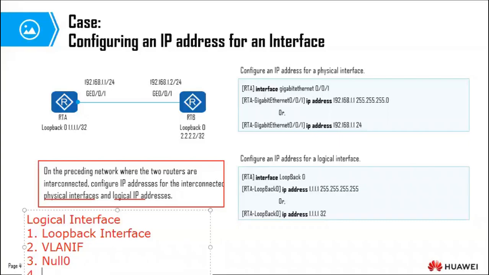We also have other virtual interfaces like tunnels. If we were going to configure VPNs, then you'll create tunnels, and normally they are logical or virtual interfaces. So these are some of the interfaces.